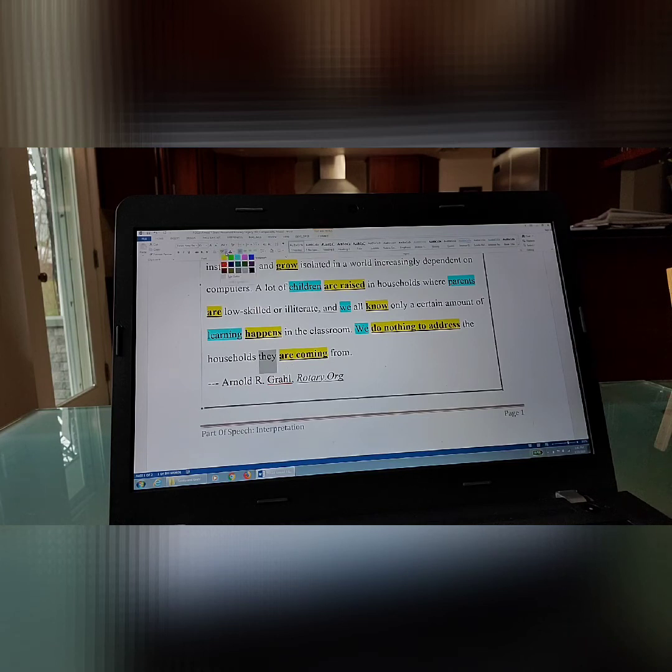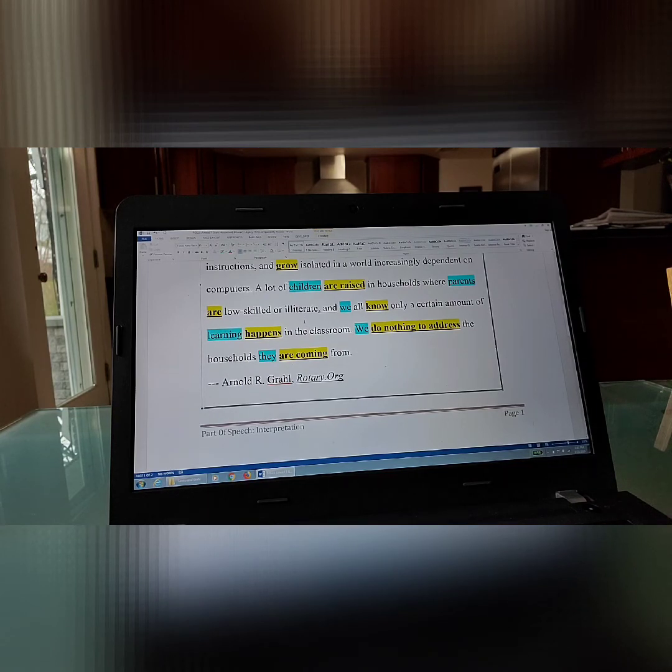Now, we're gonna have to do some pronoun juggling here, right? So we, being the general public, what noun is they going back to, right? Well, it's the households they are coming from. So is it the parents or is it the children? Now, this is where we're going to require you to do some inference making, right?